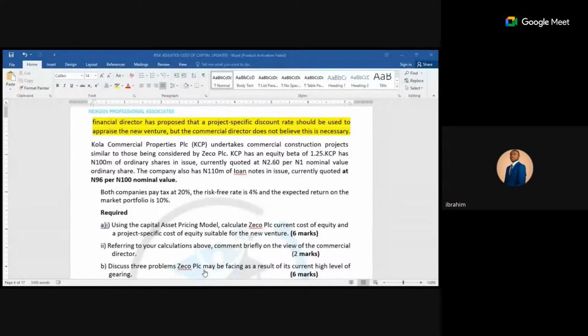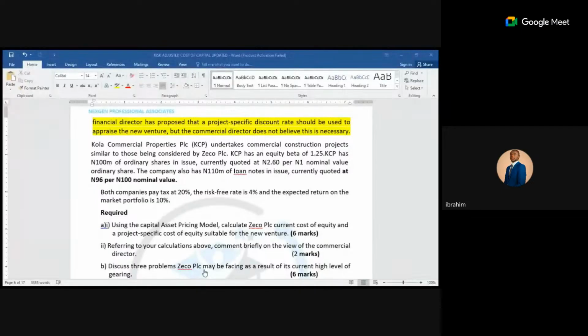greater than the normal cost of equity, meaning that the project will actually include risk.